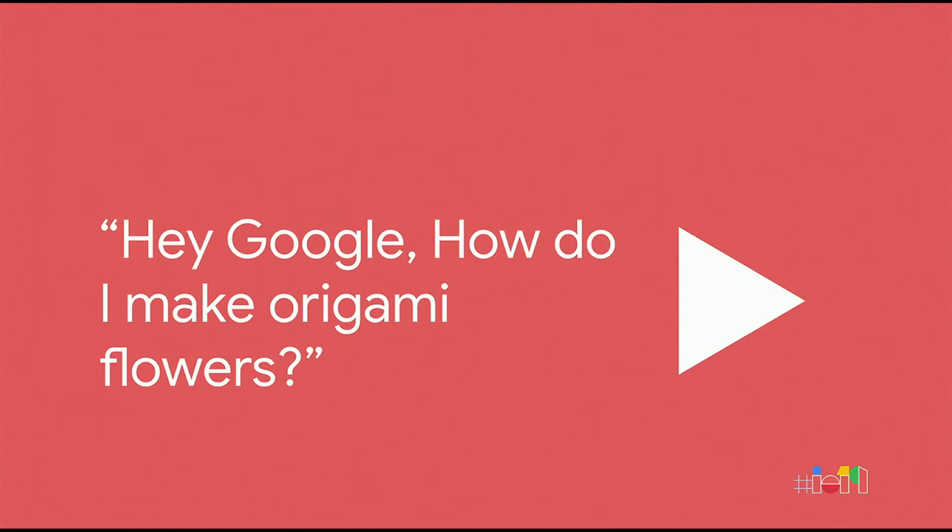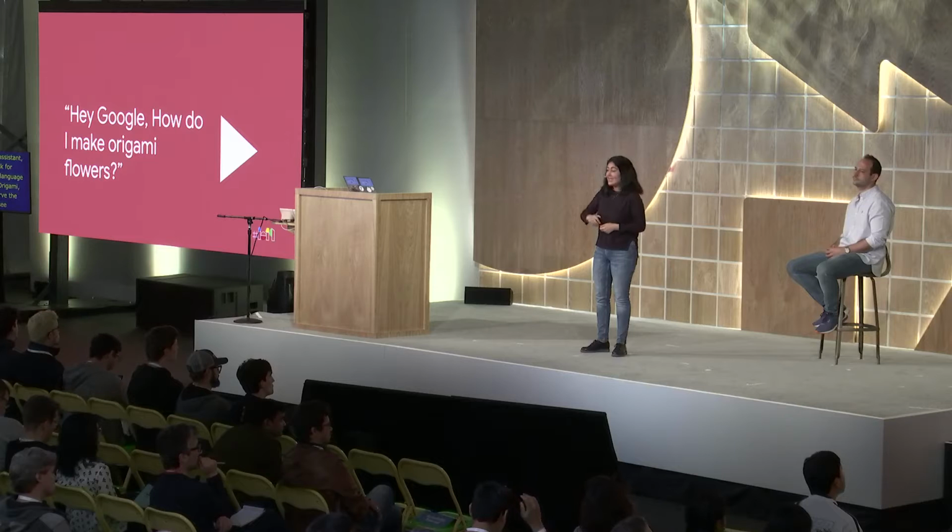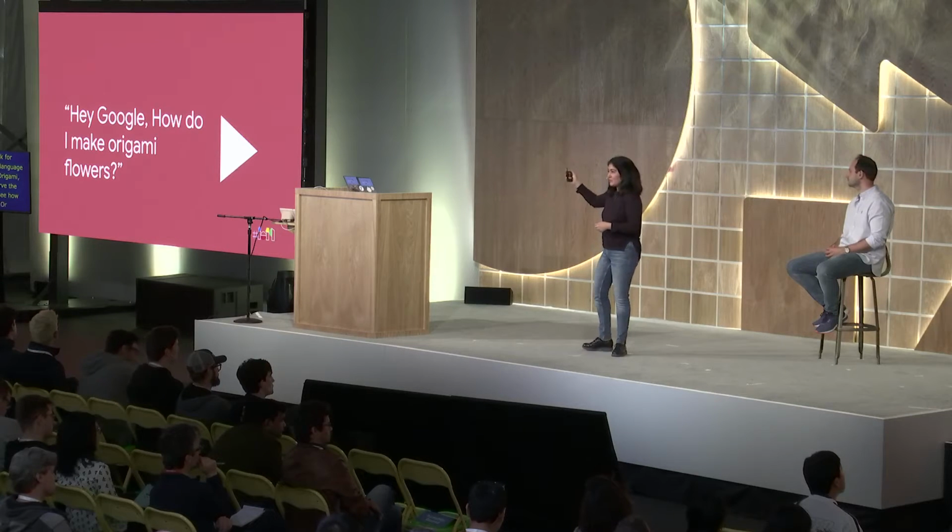And on the Assistant, when users ask for things using natural language, like how do I make origami, Assistant will find and surface the right content. Let's see how our 2 tutorials for origami would show up on Assistant. Let's switch to a live demo on a smart display device, and let me show how this works in real life.